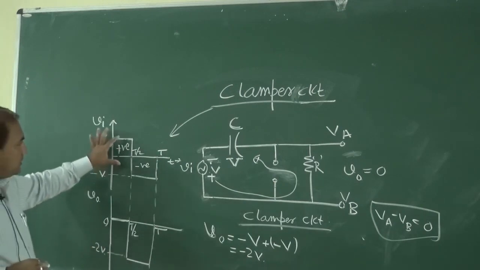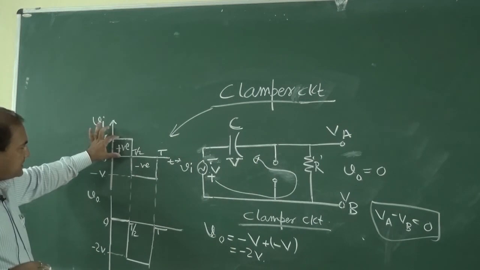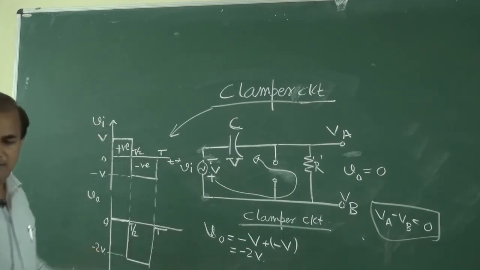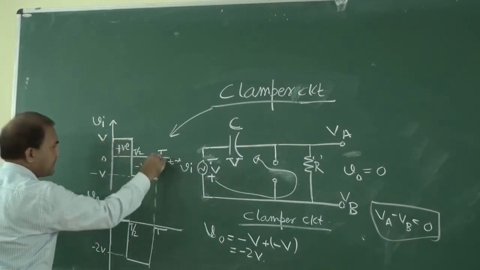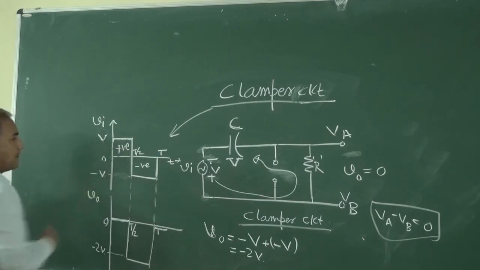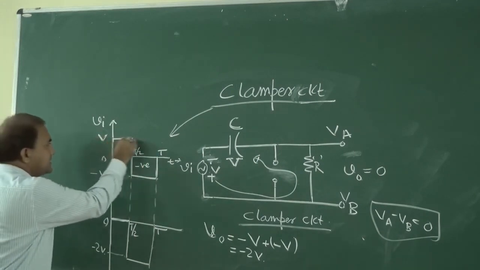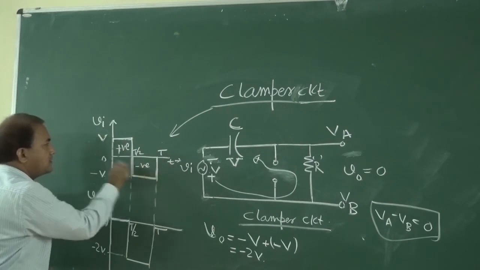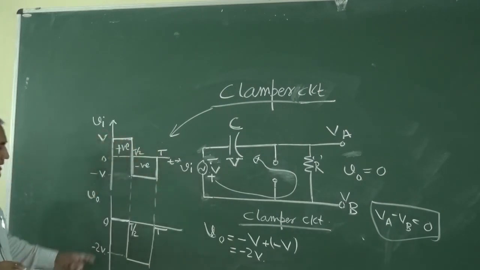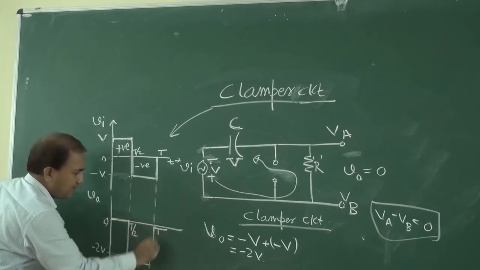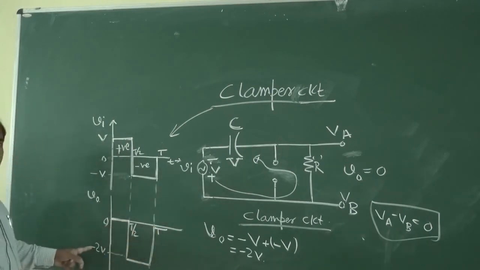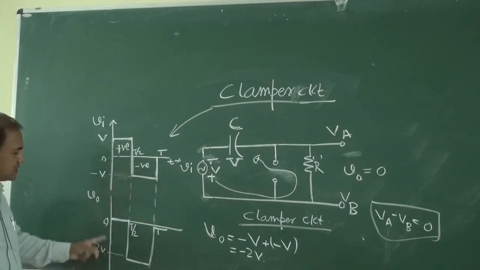This is the same waveform that we are observing, with 0, T by 2, T. We are seeing the same waveform, but here the peak amplitude in the negative part is minus 2V.